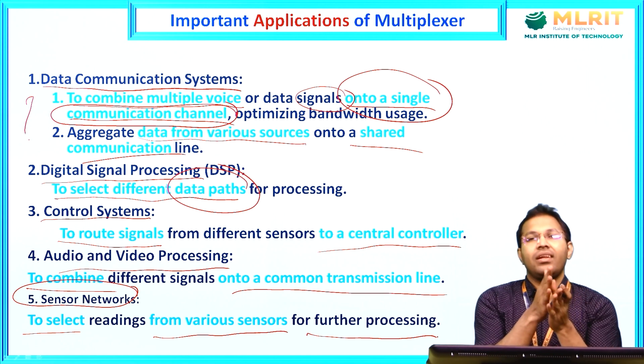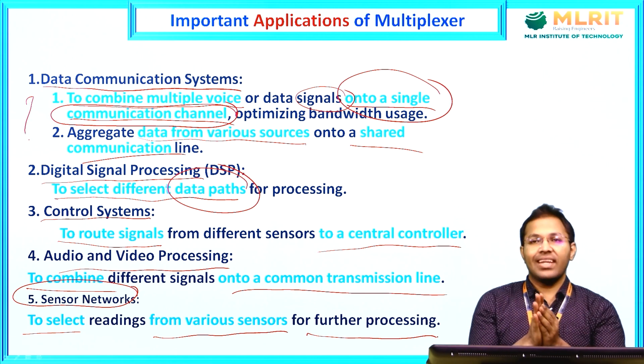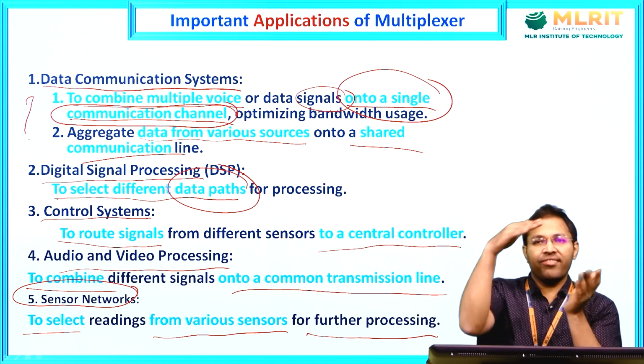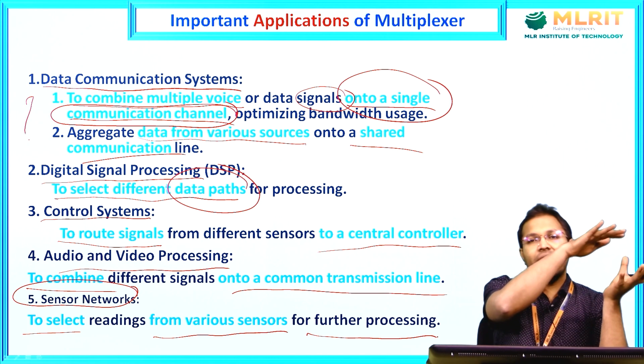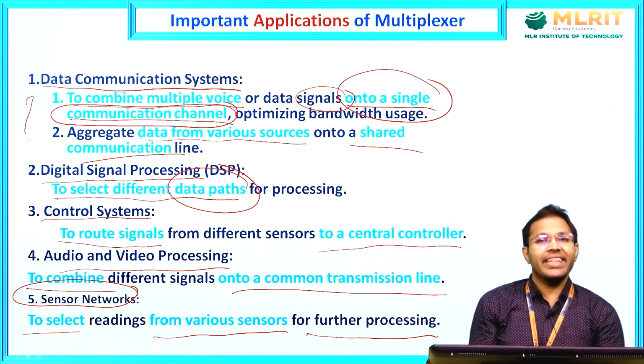In simple terms, a student has to visualize based on the requirement. Whenever he has to select a particular signal out of many signals, or has to multiplex many signals onto a single line, there a student can use the multiplexer.